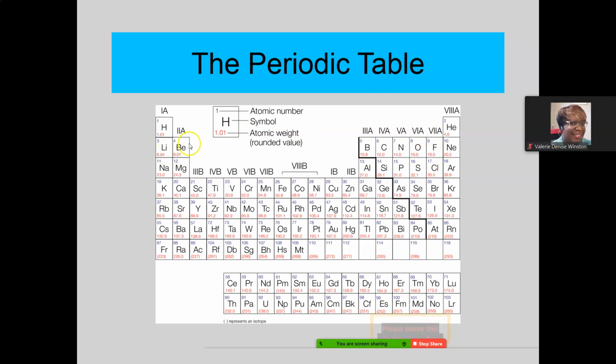If they can rip off one of those electrons, they're happy campers because now they have a completed shell in the outer shell. However, they're now negatively charged, so they're attracted to the positive charged ones, and that's why you get strong compounds like sodium chloride, potassium chloride, all those, they form really strong electrostatic bonds.